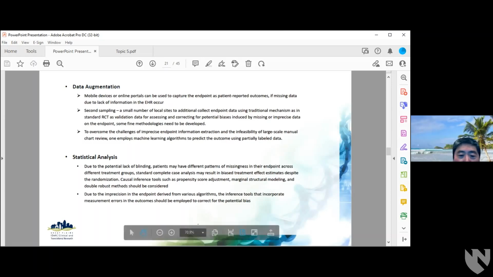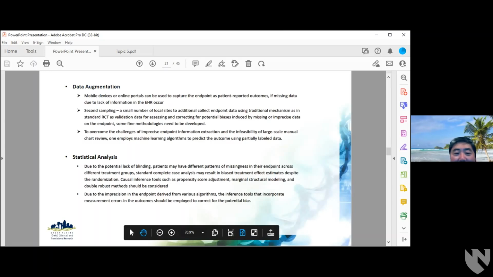And as I already mentioned, you need to use various algorithms, like machine learning algorithms, to predict the endpoints. If the endpoint is not precisely collected and is based on a model, then anything based on the model is subject to error.